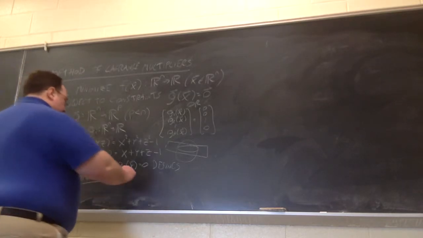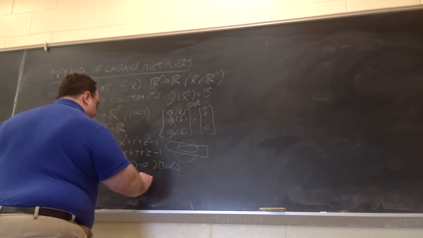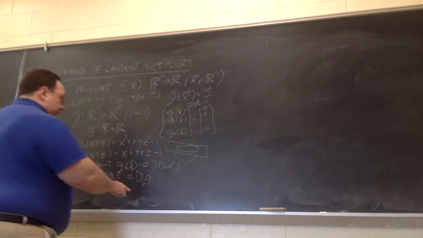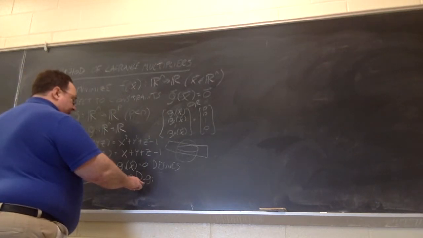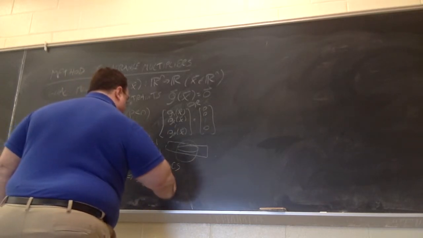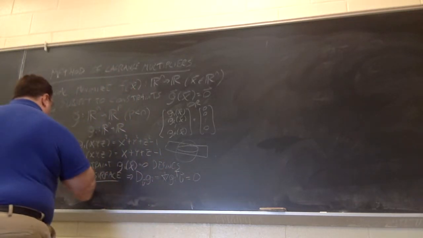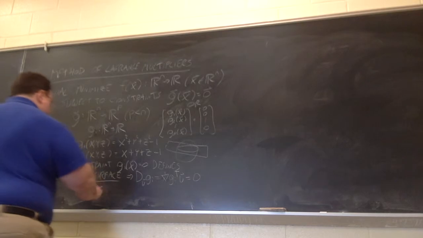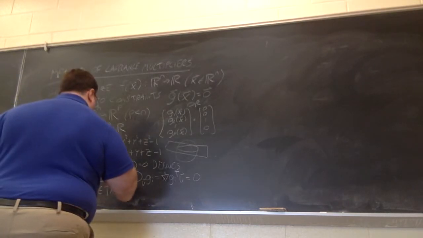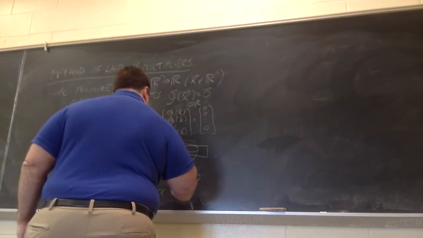What that means is the directional derivative of gi in the direction of u, which is the same as the gradient of gi dot product with u, or transpose u, must be equal to 0 for any u in the tangent space of this hypersurface.